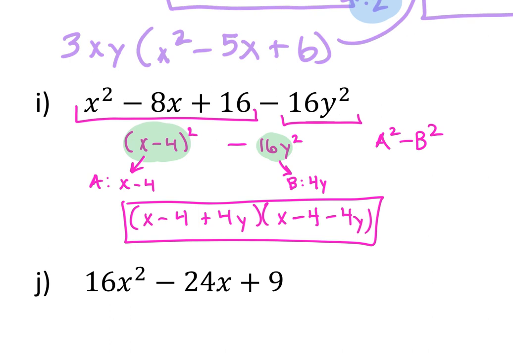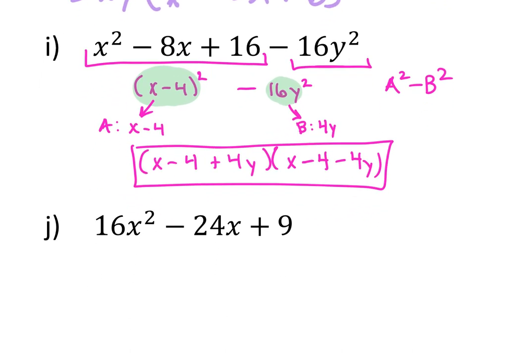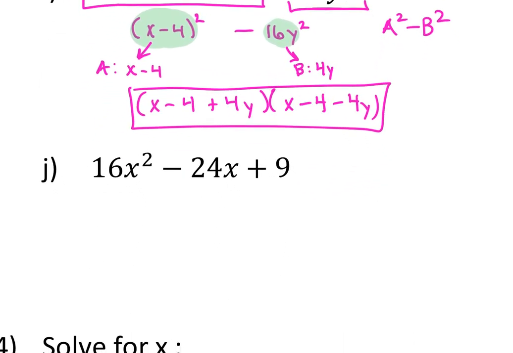All right, J, I believe, is our last pure factoring problem. This one is very special because it is a perfect square trinomial. So one thing we want to look for is, okay, so my A and my C, my first and my last term, are perfect squares. If I take 4x and I square, and if I take 3 and I square it, I get 9.